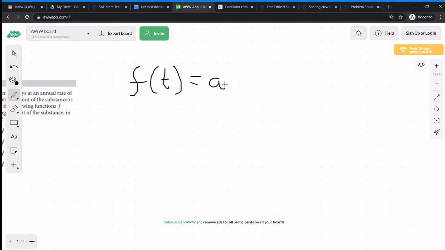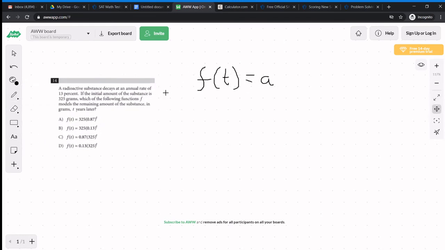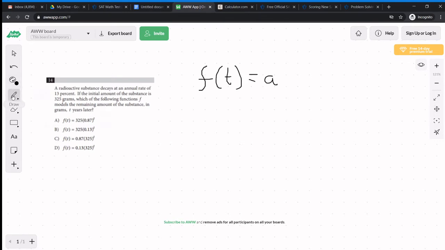a times x to the t. Let me zoom out a little bit so you can see both parts. This t will almost always remain constant, right? This a is going to be whatever your initial value is, in this case, 325 grams.